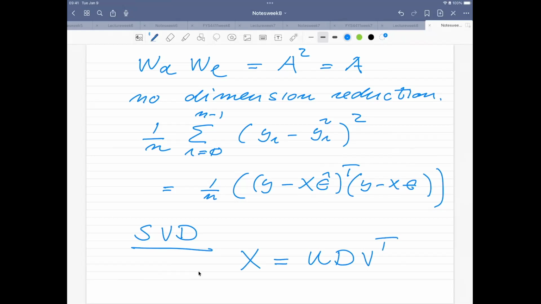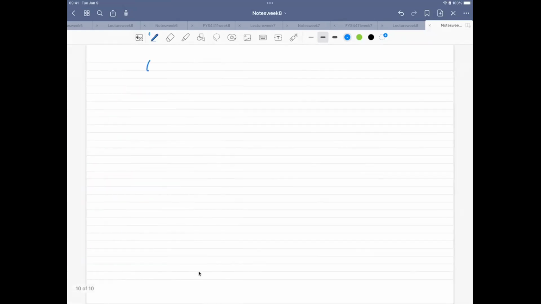I'm going to quickly set up what these matrices are. The matrix U and the matrix V are orthogonal matrices. U is a matrix of dimension n times n, and U times U transpose is given by the identity matrix, which has dimension n times n.